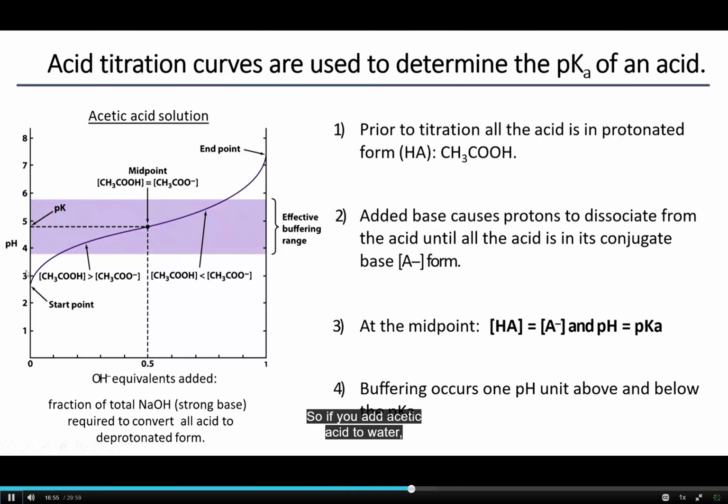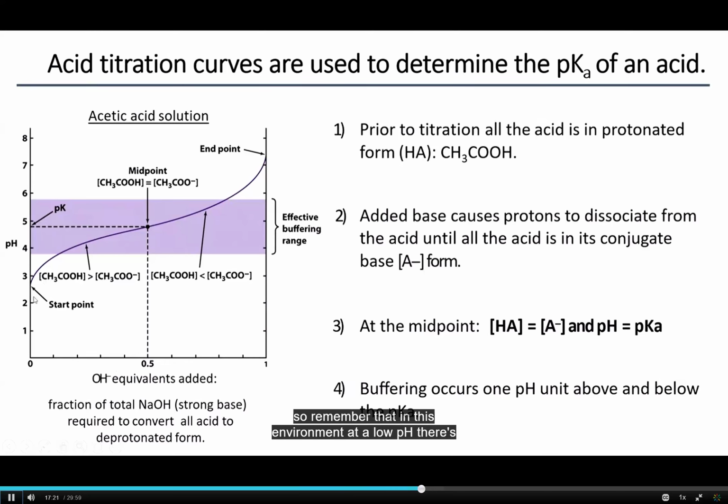So if you add acetic acid to water, the pH of the overall solution will be low, just below 3. What this means is the amount of acetic acid that is holding on to its proton is greater than the amount that has lost its proton.